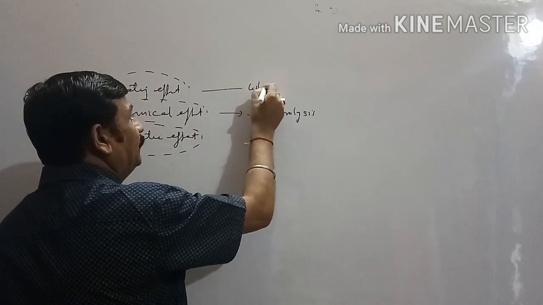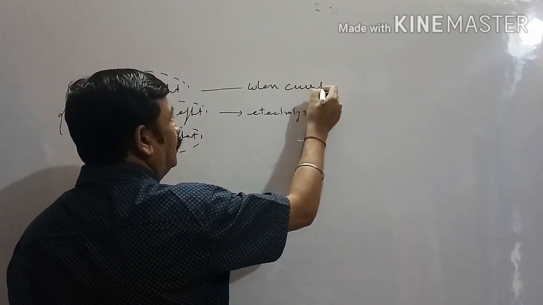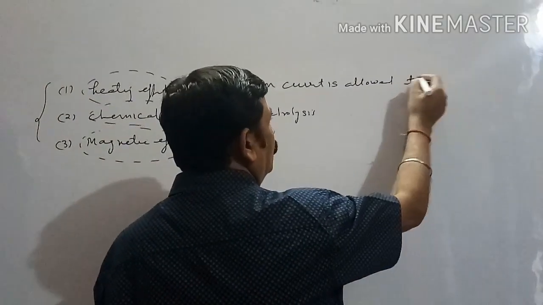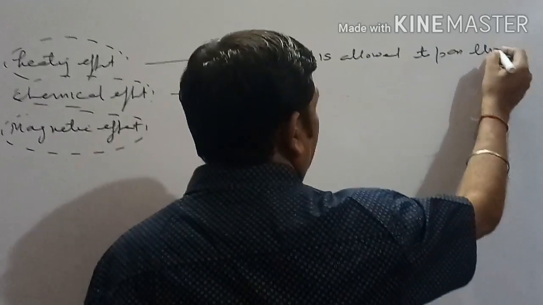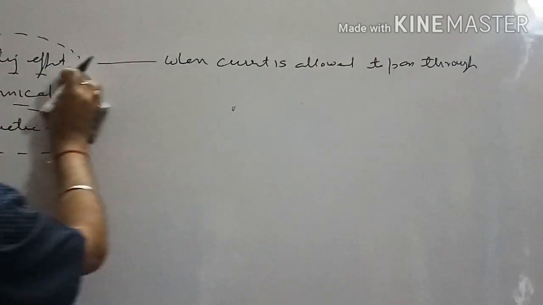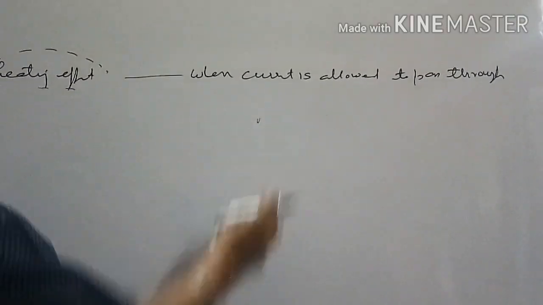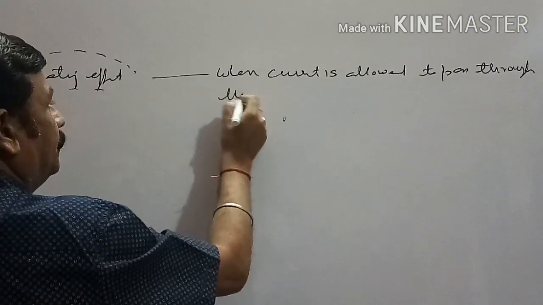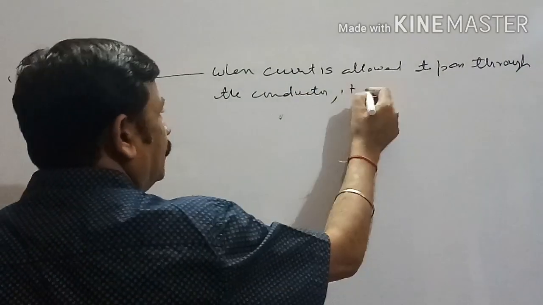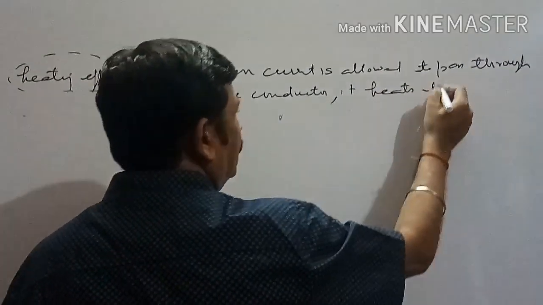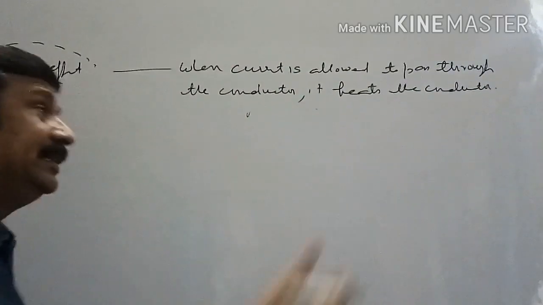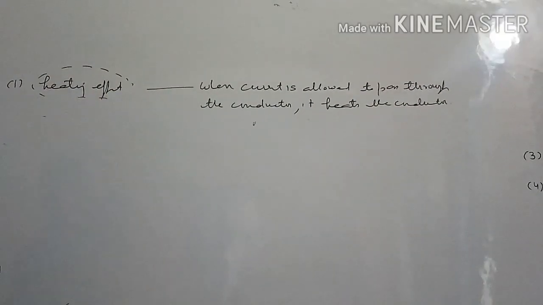That is, when current is allowed to pass through the conductor, the conductor gets heated. It is called the heating effect of current.